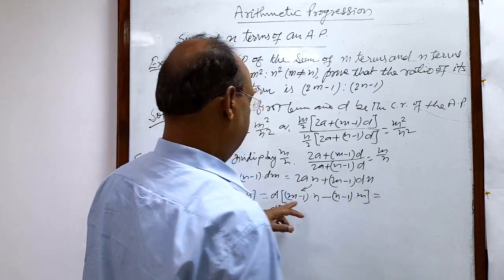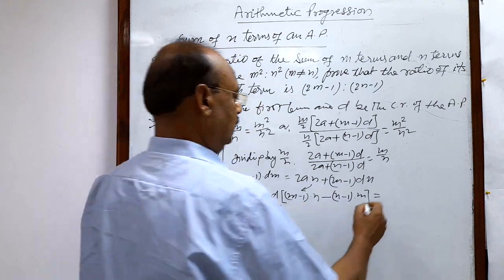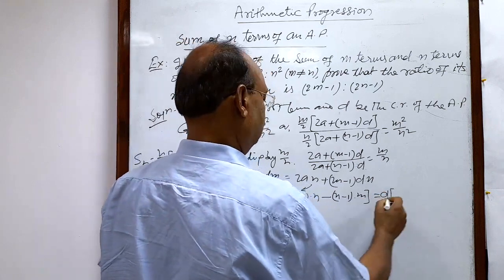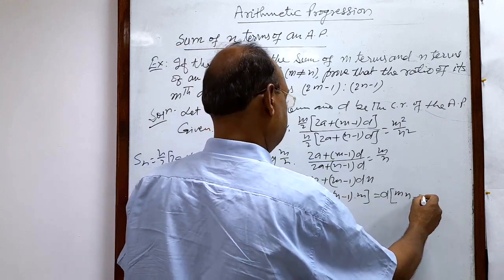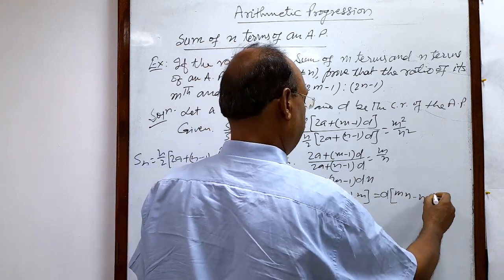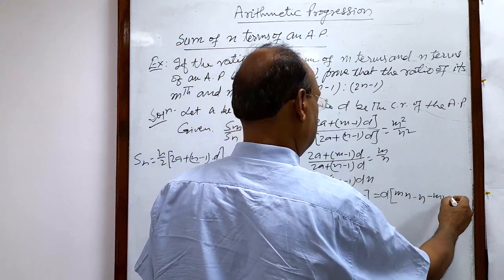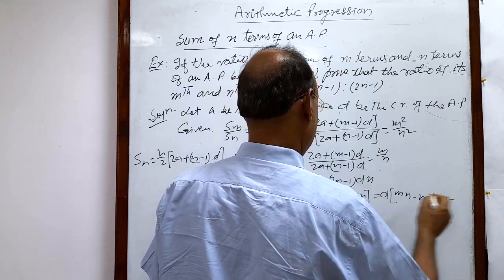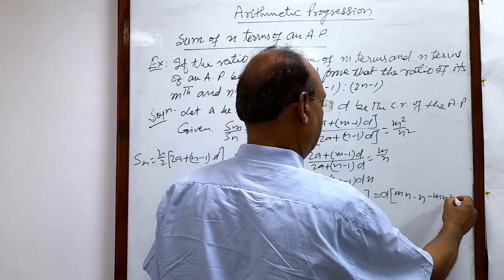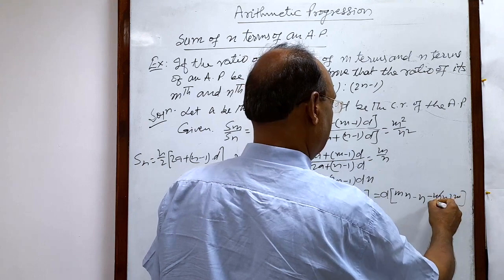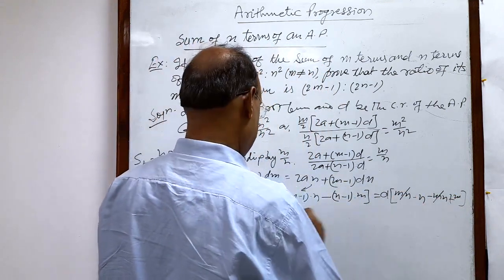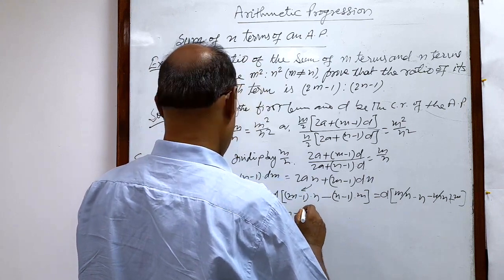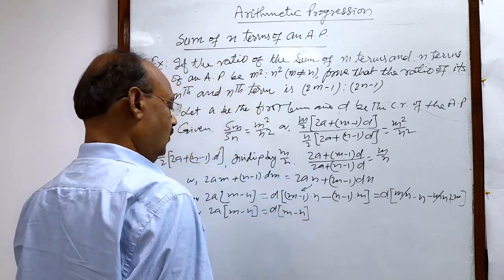We take one step here also: this is d times (mn minus n minus mn plus m). Minus mn plus mn is cancelled out. So we are getting here m minus n, correct?